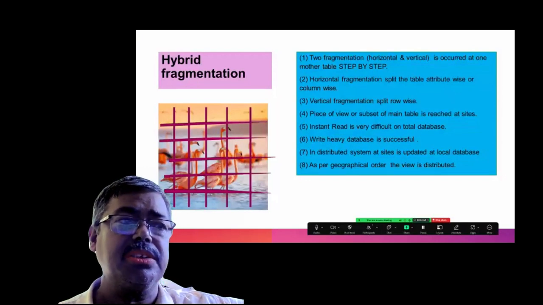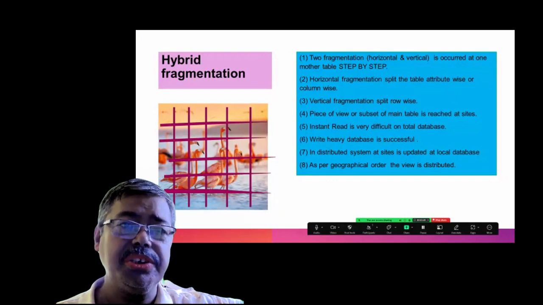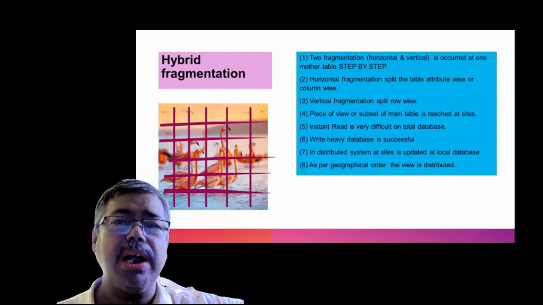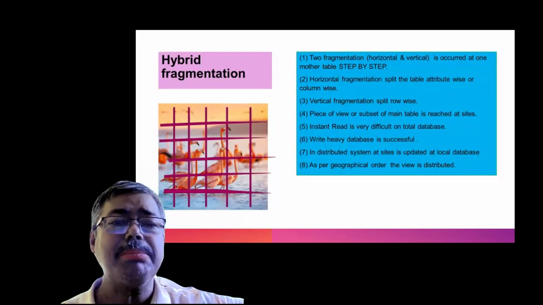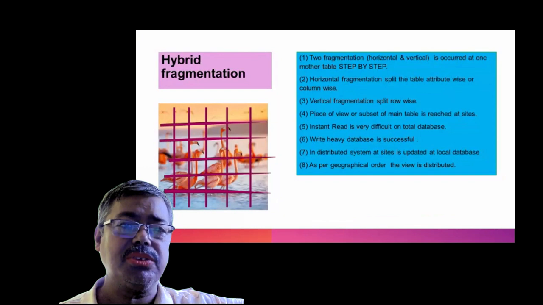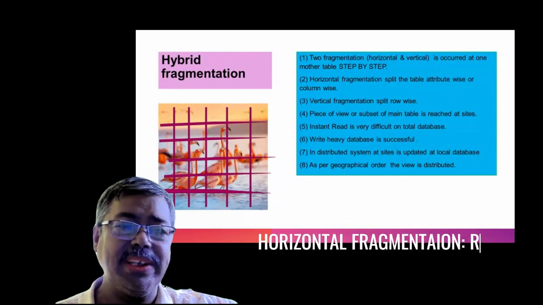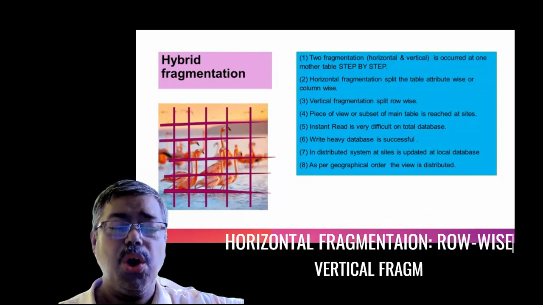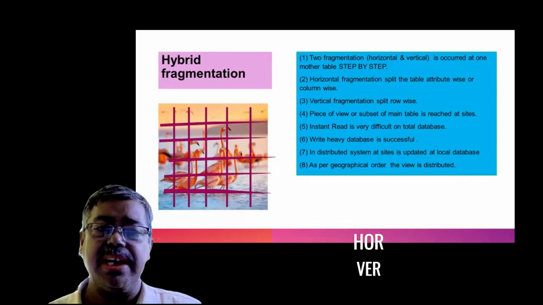Another fragmentation is hybrid fragmentation. The 2 fragmentations, horizontal and vertical, are applied to one mother table step by step. Horizontal fragmentation splits the database row-wise and vertical fragmentation column-wise. A piece of view, or subset, of the main table reaches the site.